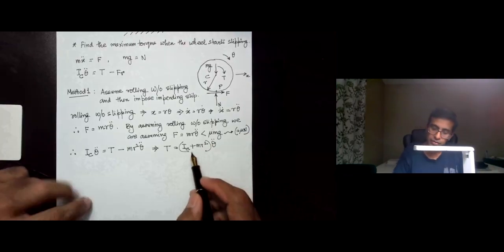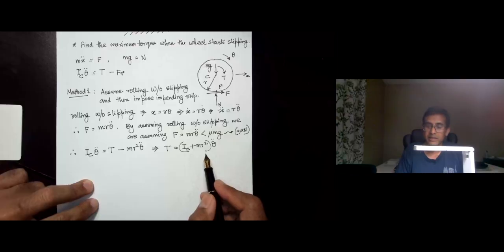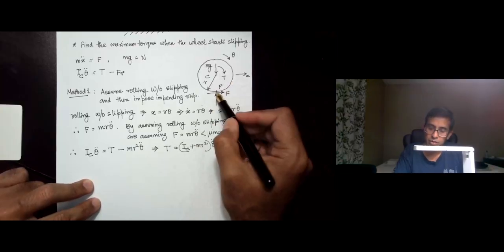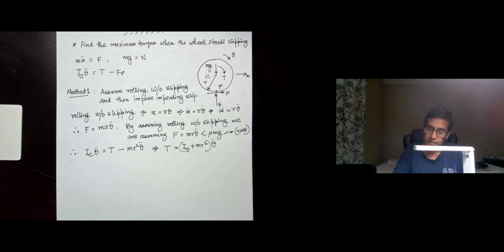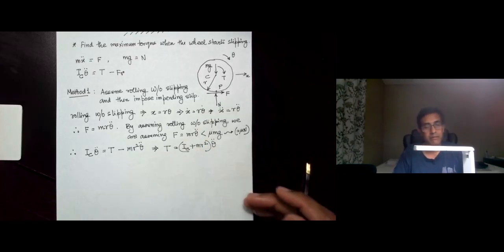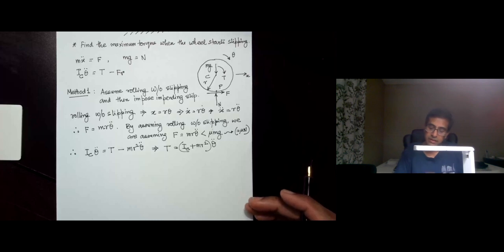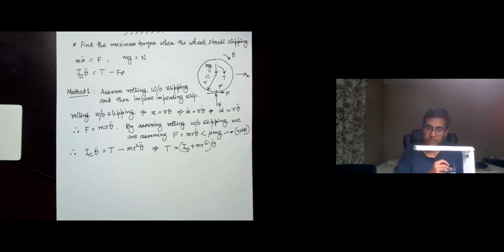By the way, I would like to draw your attention to this term, I_C plus m r squared. It is actually the moment of inertia of this disk about the point P, which is obtained by the parallel axis theorem, and it turns out this way because we are assuming rolling without slipping.